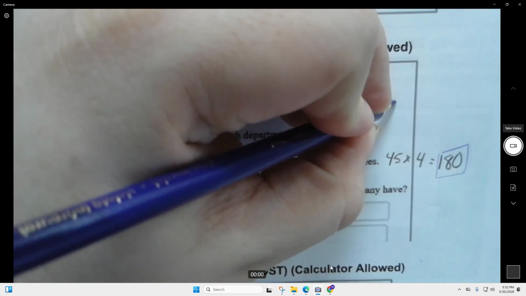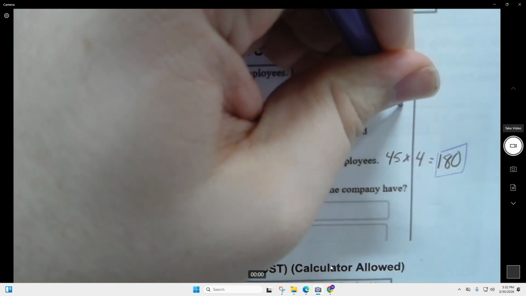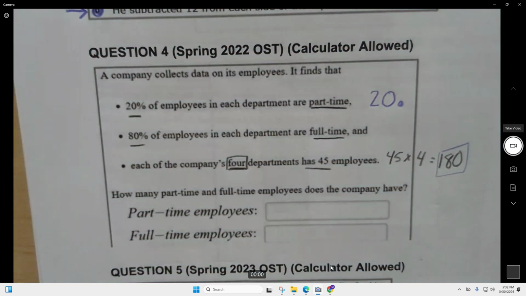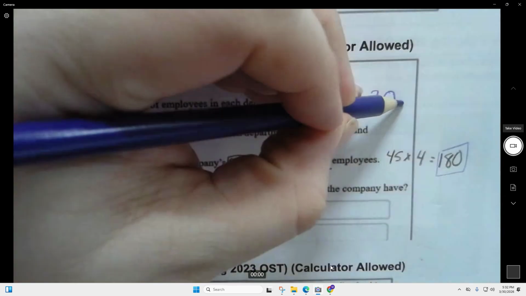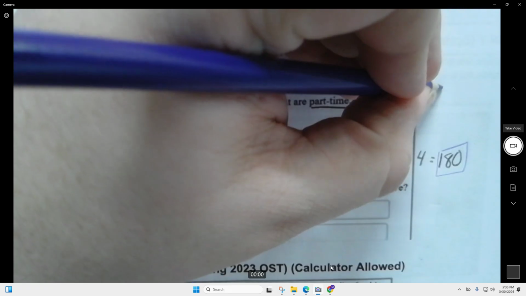If you recall, in a previous video, I talked about how to convert from decimal form to percent form: find the decimal point, move it 2 spots to the right, and that's your percentage. Here you need to find your decimal point, which if there is no decimal point, then it is at the right side. And you need to move it 2 spots to the left. 1, 2. 20% becomes 0.2.